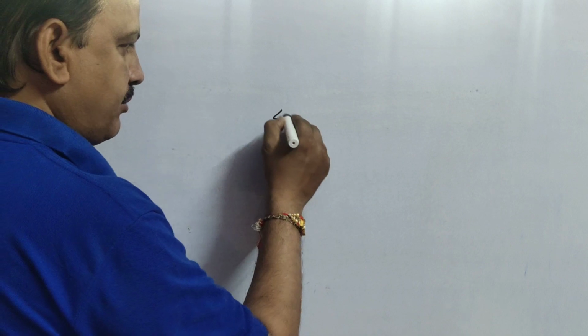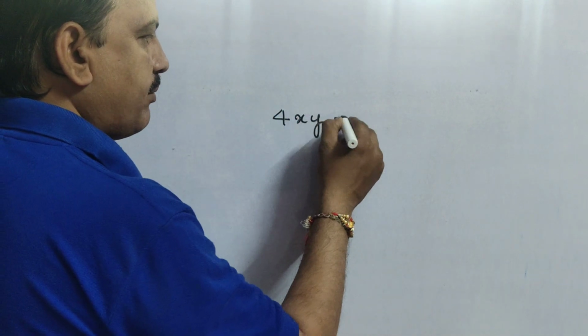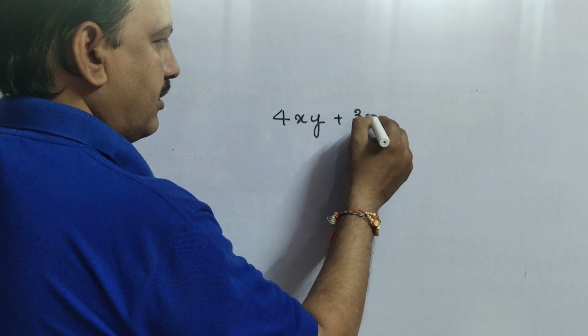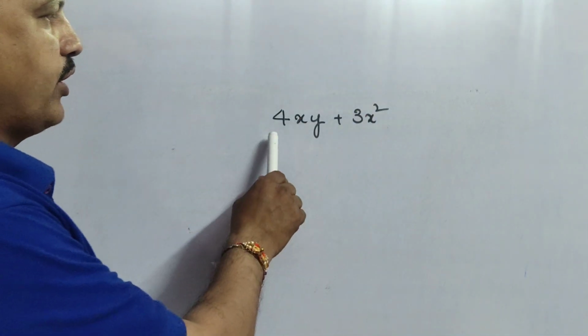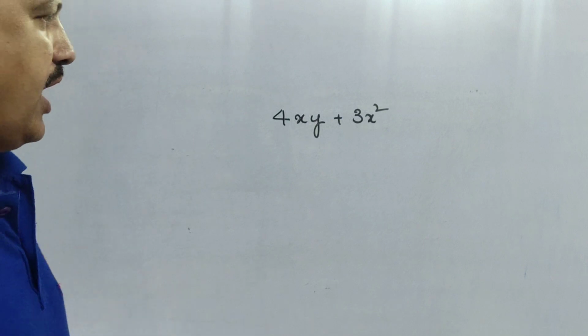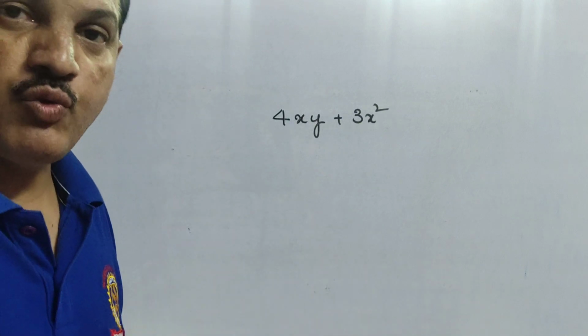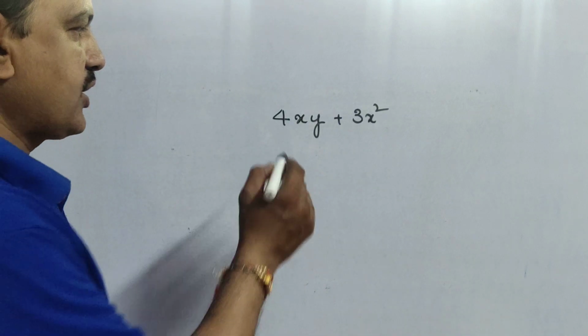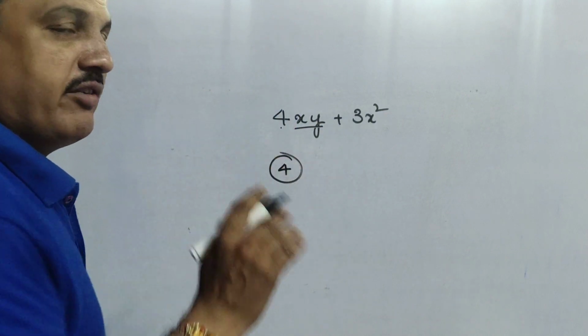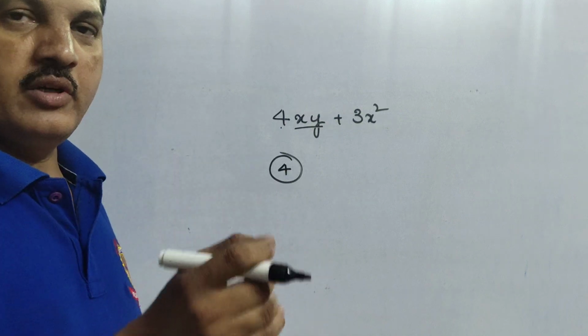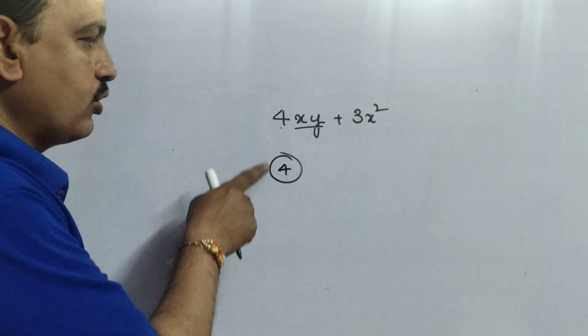I am giving you an example: 4xy plus 3x square. If they ask what is the coefficient of xy, it means leave xy and write the remaining. Whatever he asks, you leave it and write the rest. That is called the coefficient.